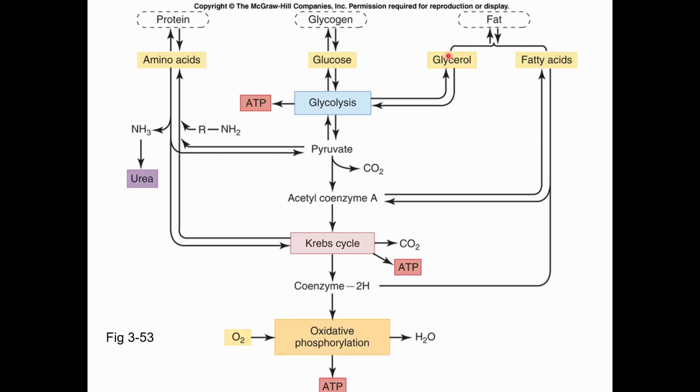Glycerol and pyruvate are gluconeogenic. Lactate is gluconeogenic. Some amino acids are gluconeogenic. Some amino acids are actually ketogenic. And of course, we're not going to talk about which ones are which, but lots of amino acids can be used to make glucose, but not all of them. Some of them end up making ketones.